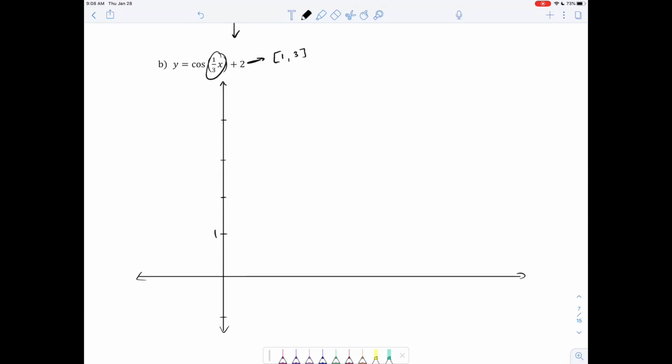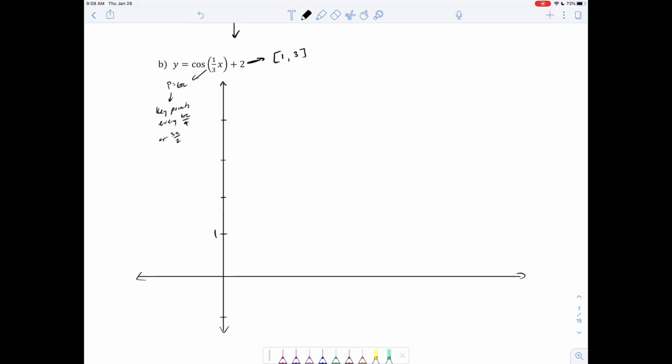We've done something here. We've modified the period. The period is going to be now 6 pi, because I've multiplied things by 3. How often will I have key points? If we divide that by 4, we've got 6 pi over 4, which is 3 pi over 2.